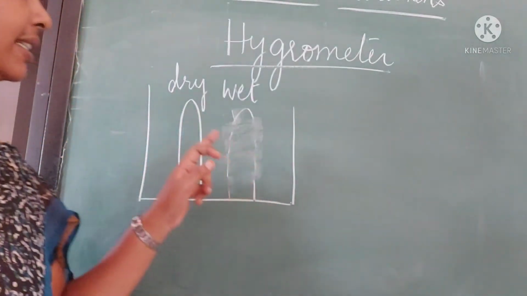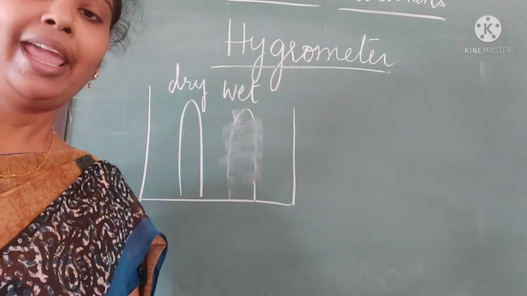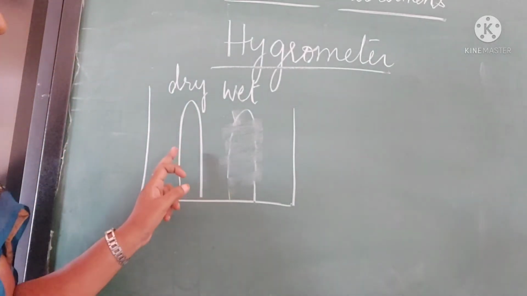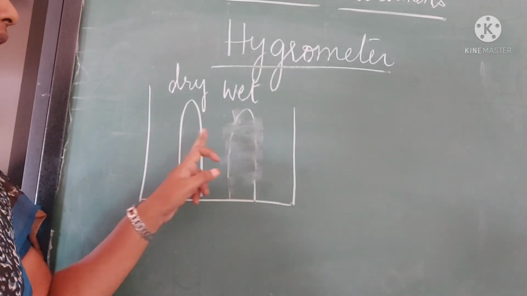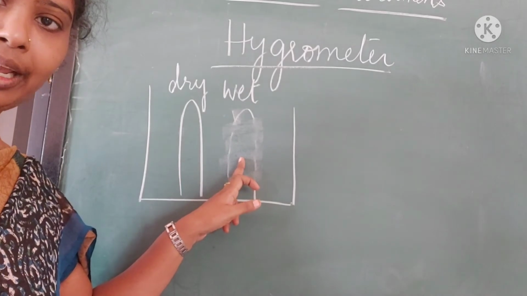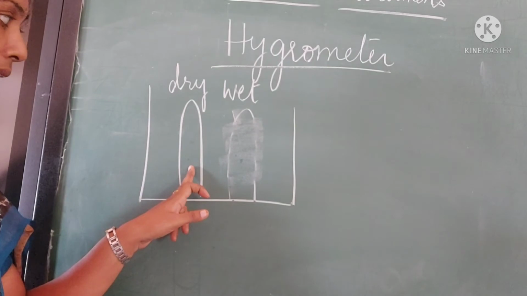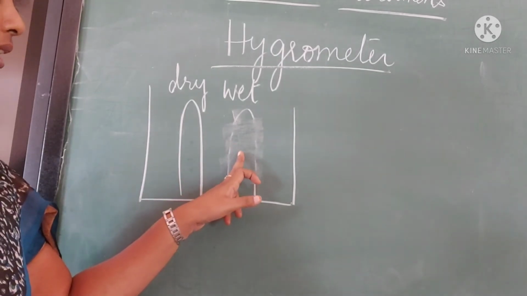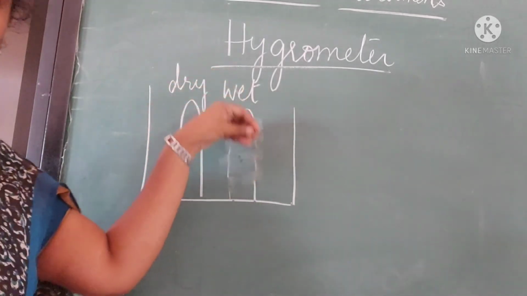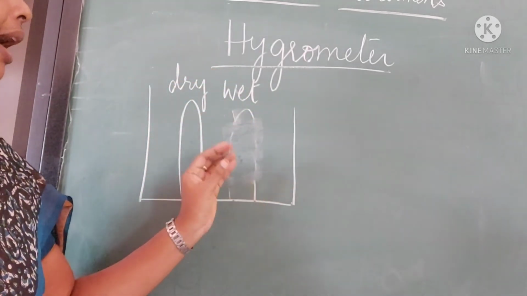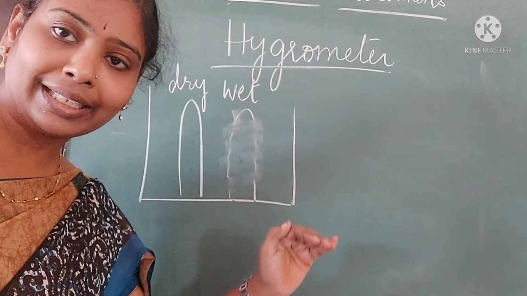And next is the hygrometer, which is known as the dry and wet bulb thermometer. In this hygrometer, you have 2 identical thermometers. One is the dry thermometer and one is the wet thermometer. In the dry thermometer, the thermometer is kept uncovered, and in the wet thermometer, the thermometer is covered with a wet cloth, which is used for lowering the temperature.